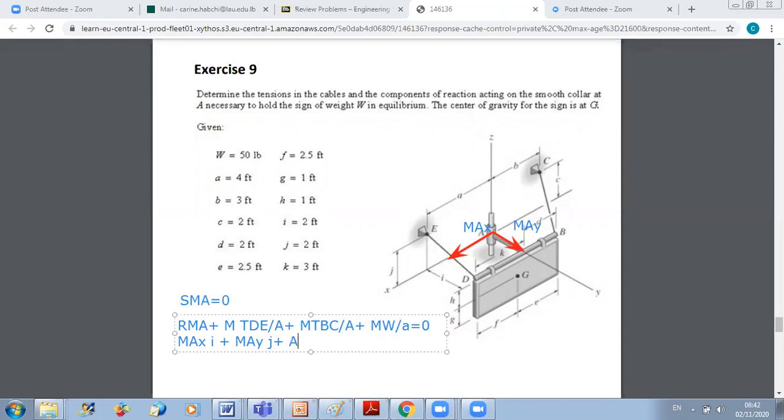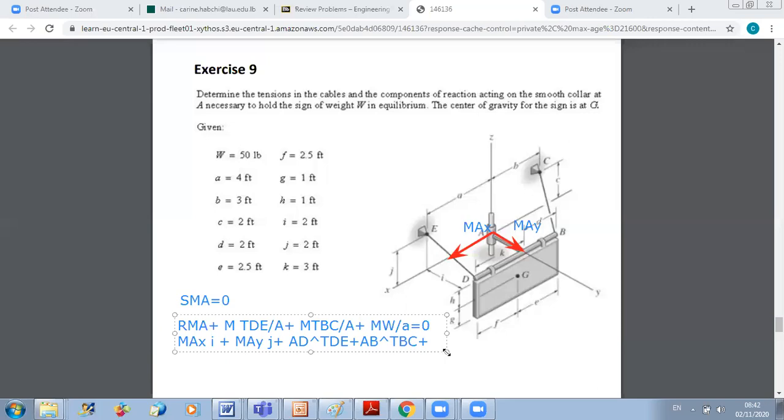So plus AD vectorial TDE, and plus AB vectorial TBC. Okay. Now we still have the moment of the weight.